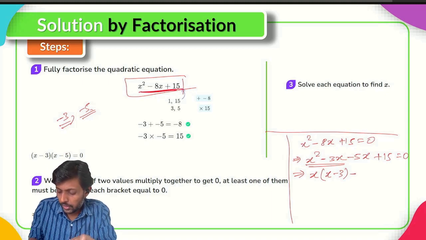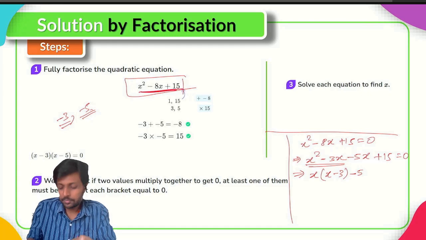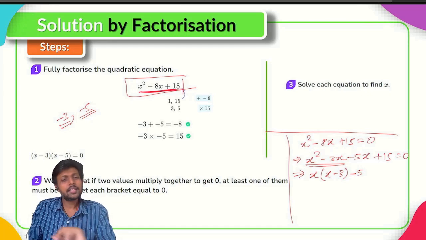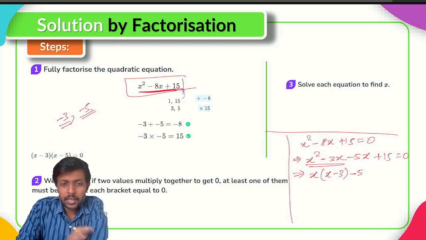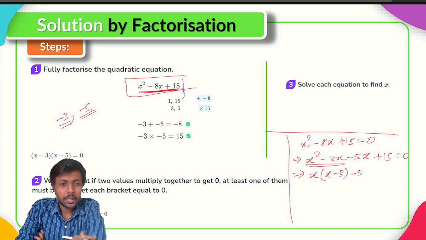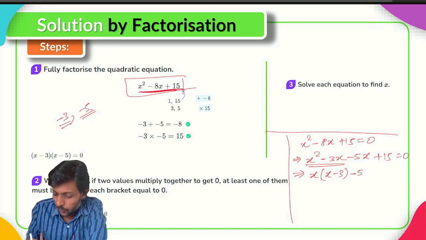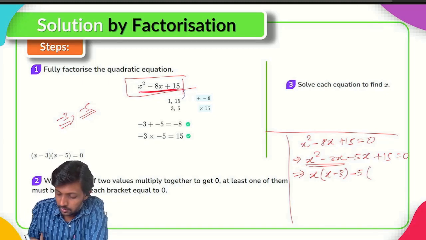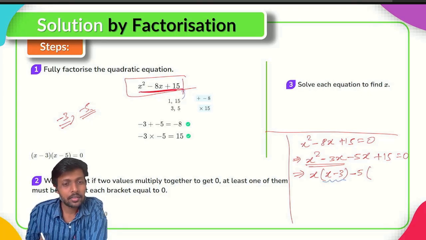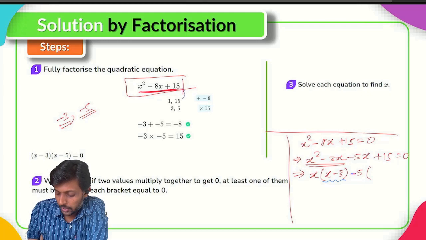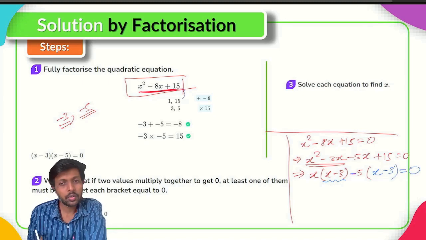This time, instead of x, I'll take minus 5 common. There's a reason why I took minus 5 common and not plus 5 common. Because in the bracket, I want this term only. So if I take minus 5 common, I get x minus 3 here. This is equal to 0.